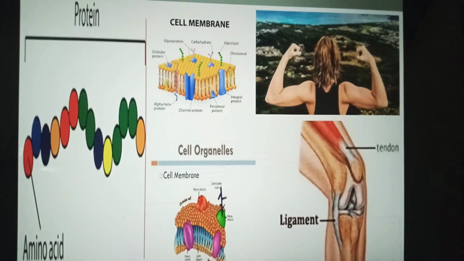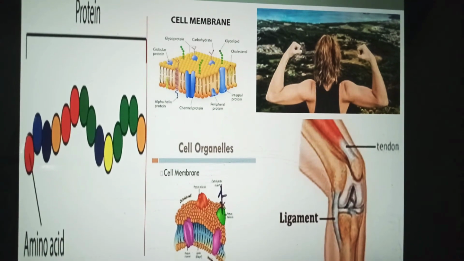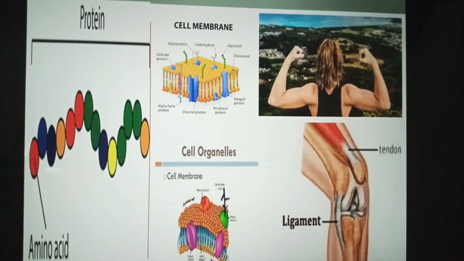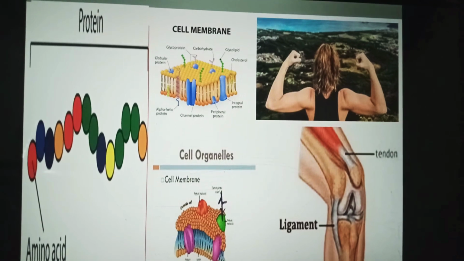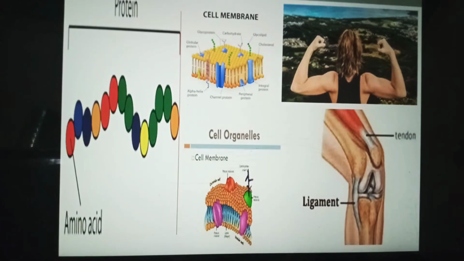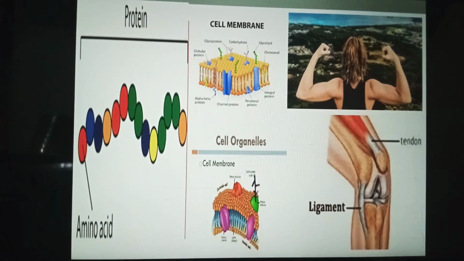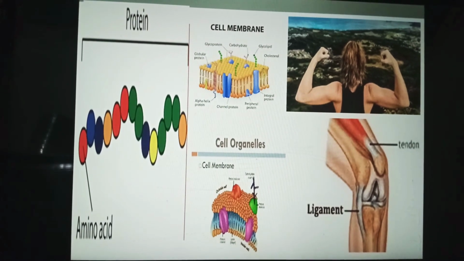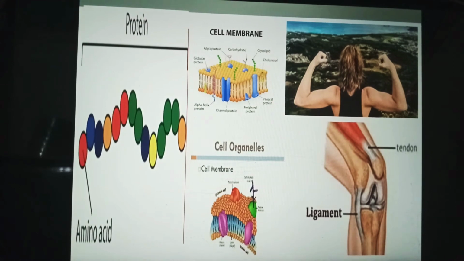And now I will discuss proteins. Proteins are composed of amino acids. Proteins are essential components of the cytoplasm, membrane and organelles. They are also the major components of muscles, ligaments, tendons and growth. Many proteins play a role as enzymes.